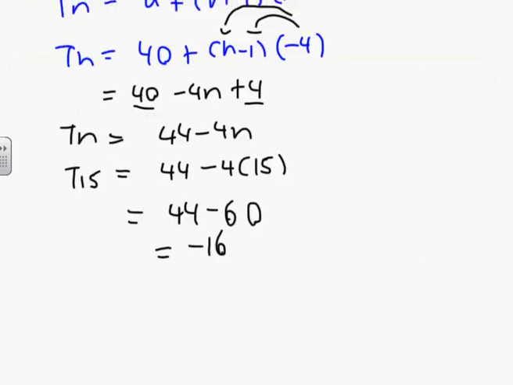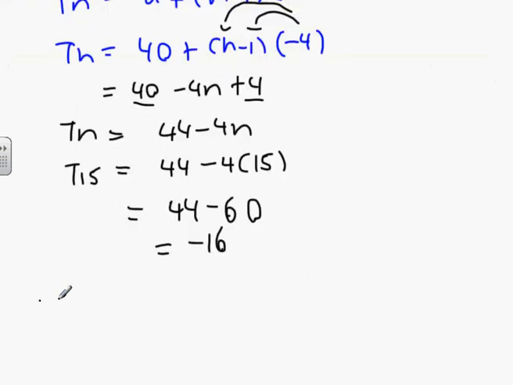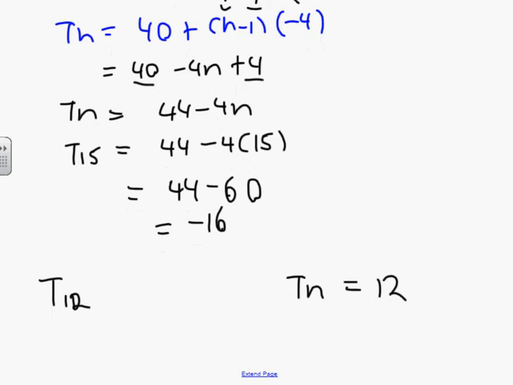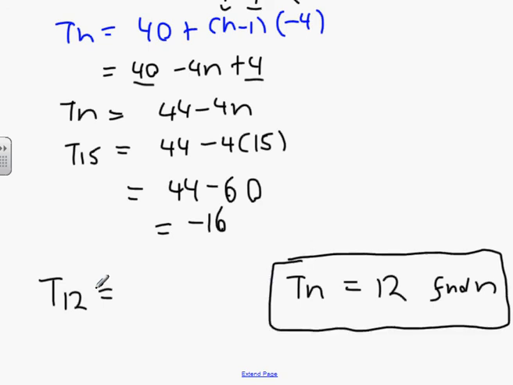Can anybody tell me the difference between T12 and Tn equals 12? They're two distinctly different questions, okay? One of them says T12, but the other one says Tn equals 12, find n. So one of the questions is Tn equals 12, find n. The other one is find T12.